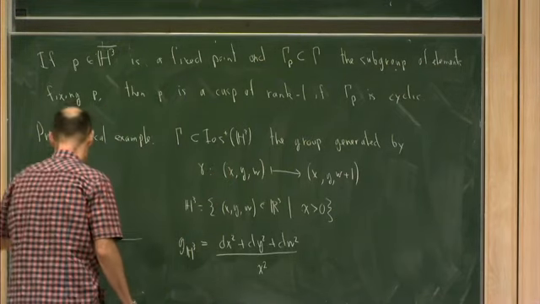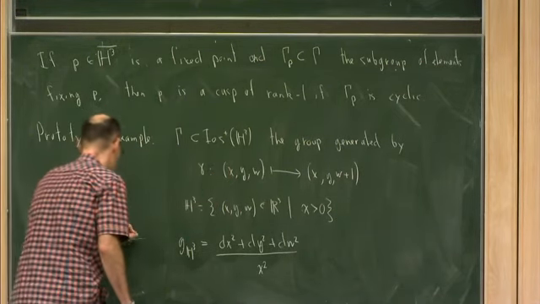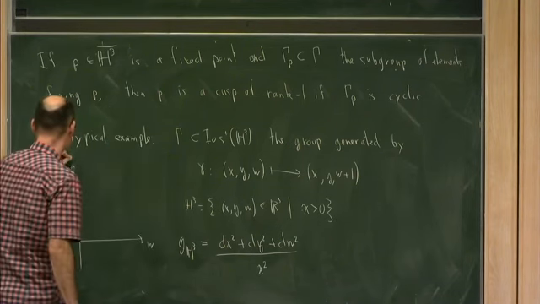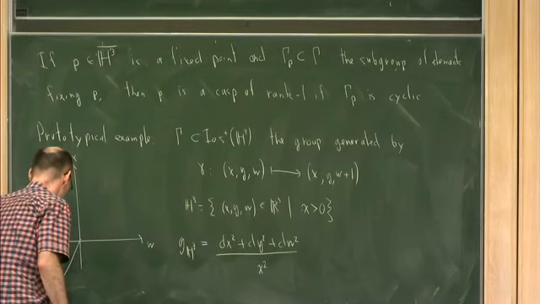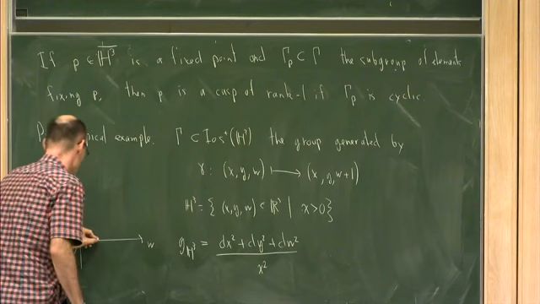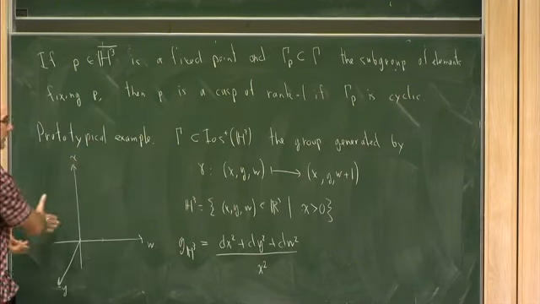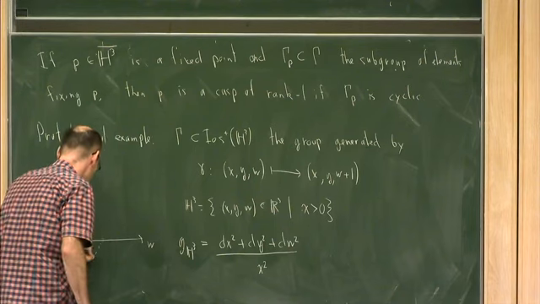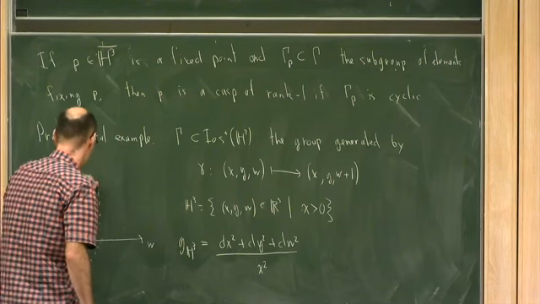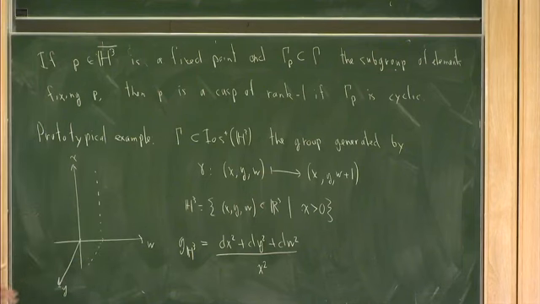When we pass to the quotient, we're just taking a slice like this, and we identify this end with this other end, and that's done in an isometric way.